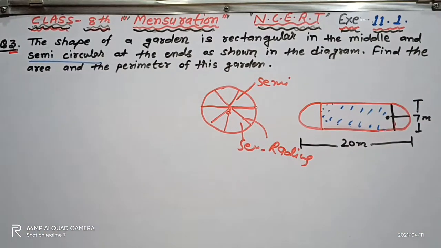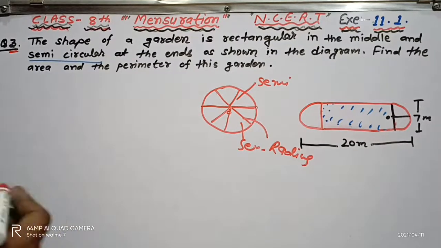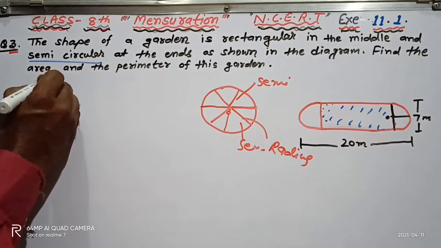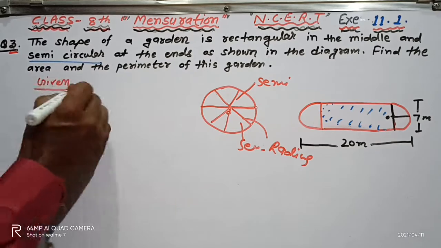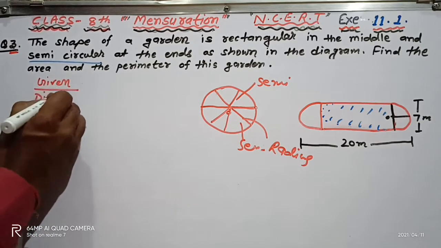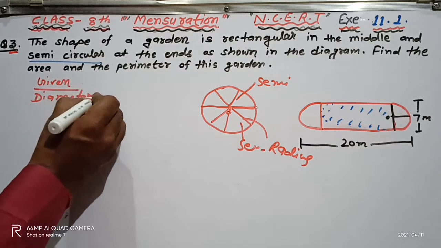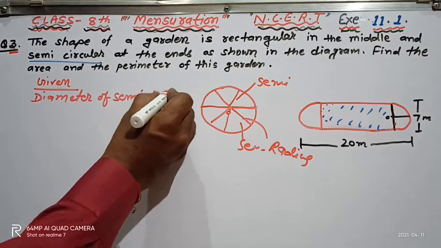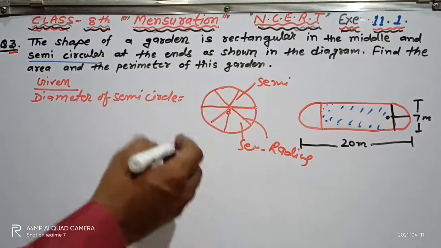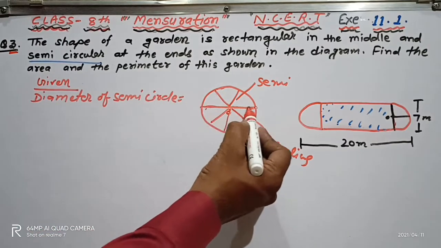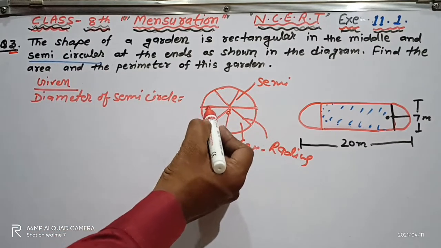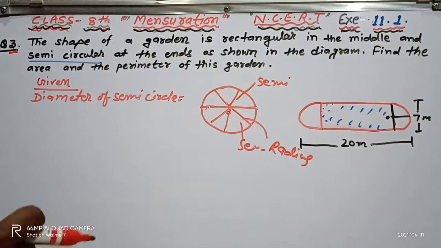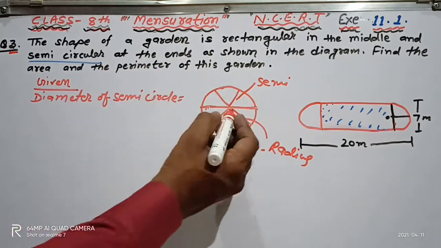So first of all write here: given, diameter of the semicircle. Diameter means all together, a line segment which joins any 2 points of a circle and passes through the center.